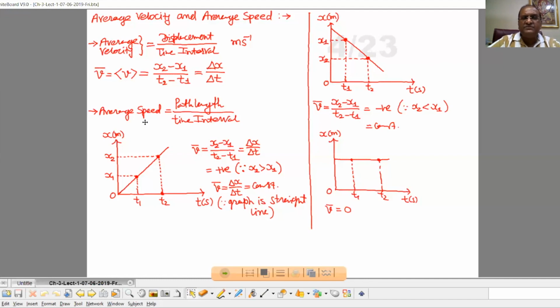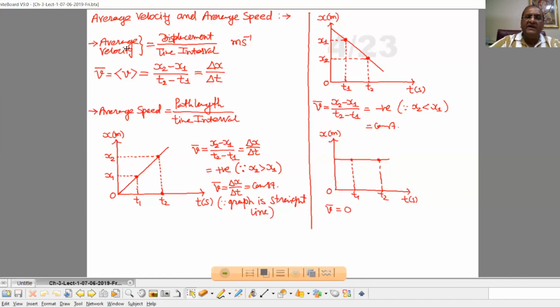Then average speed. The definition of average speed is path length upon time interval. Now see here, path length is the total distance traveled. In previous theory, we discussed that displacement may be positive, negative or zero.